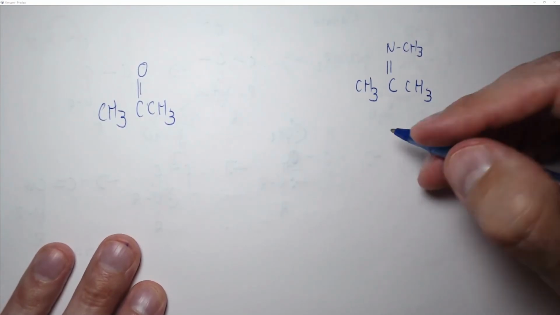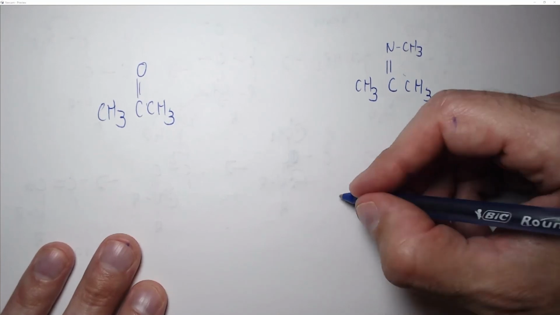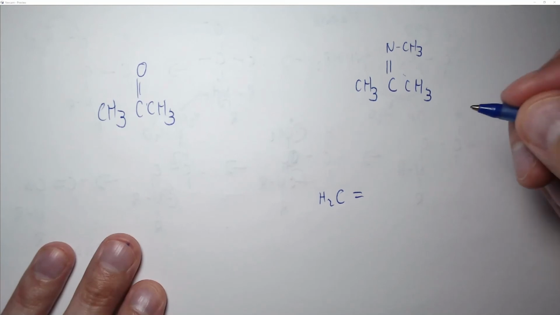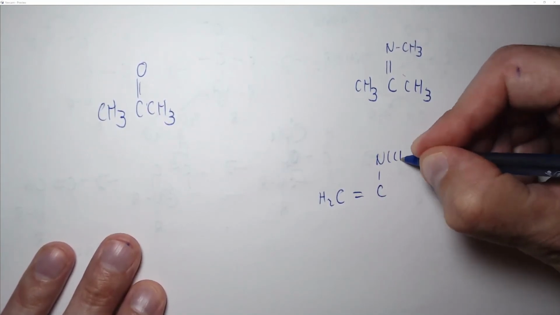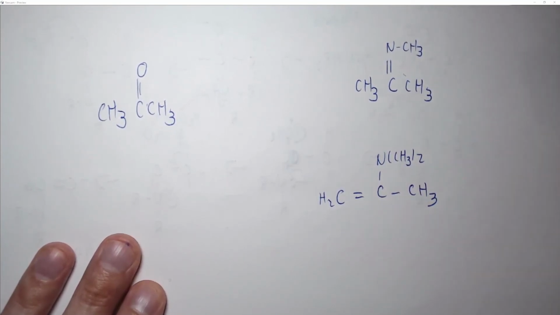This one is the imine, and then in the other case, we want to make CH2 double bond C bonded to N(CH3)2 bonded to CH3, the enamine.